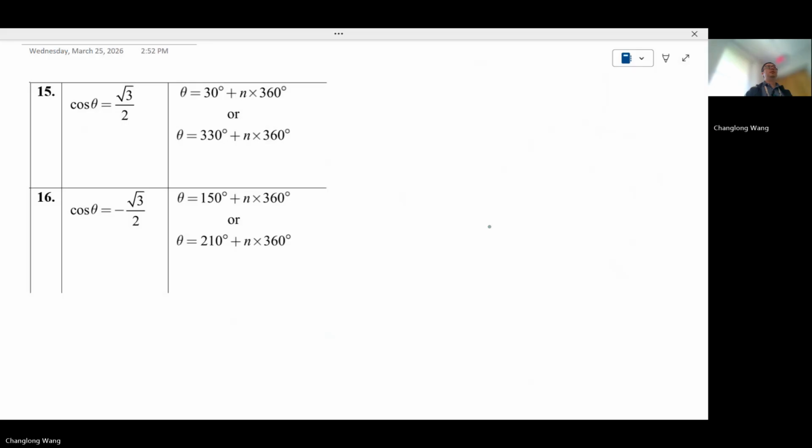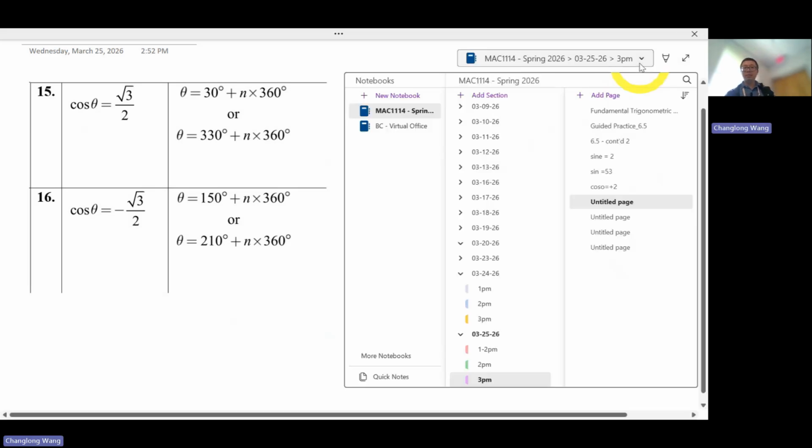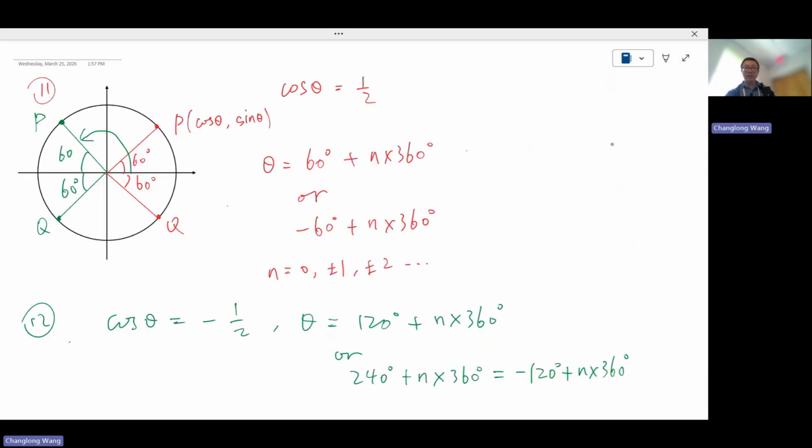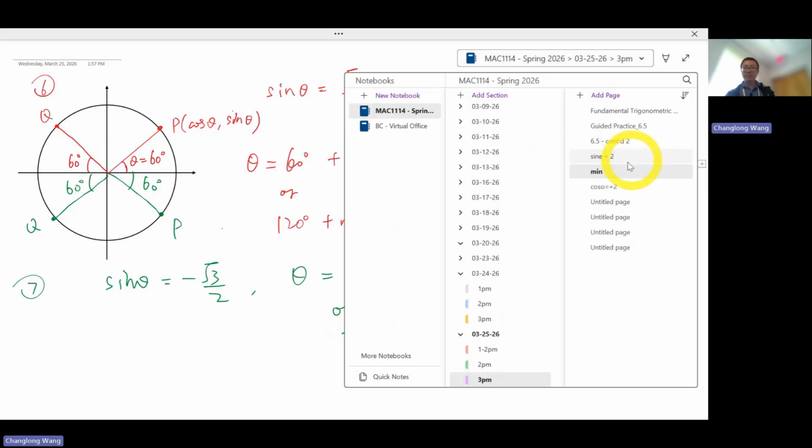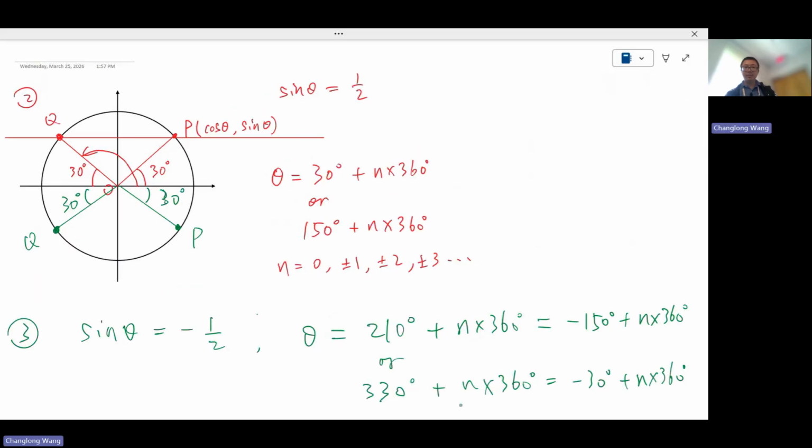Any questions? Okay. Yes, go ahead. That's the same. We have the negative 30 from, where is it? See that? Negative 30 and 330 are exactly 360 off, so they're coterminal. If you'd like to take negative 30, that's fine.